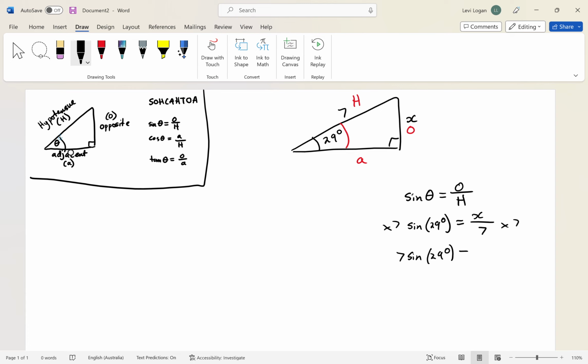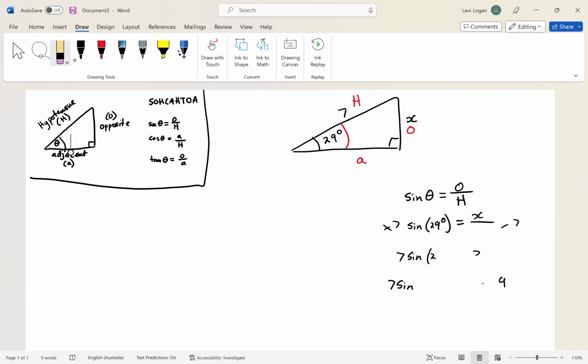And using our calculator, 7 sine of 29 is approximately 3.39. If there was units, I would put your units here, but there isn't in this question, so you don't need to. Alright, so that's the answer. That is the height of our triangle.